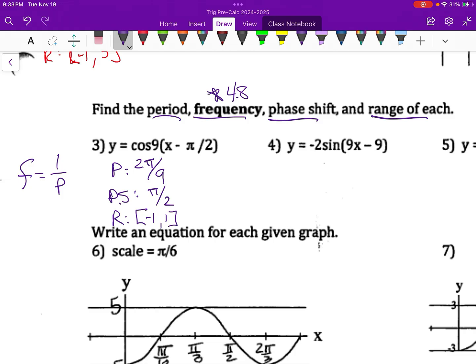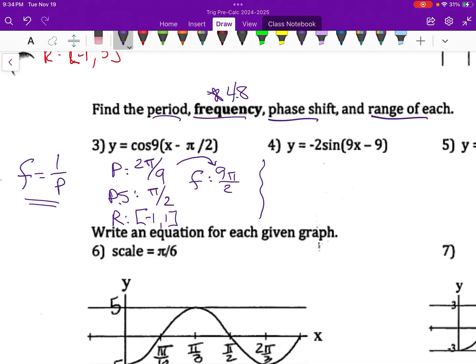And then last but not least, that frequency is going to be 1 divided by the period, and all it really does is takes the period and it flips it over. So this is 9 pi divided by 2. It's because you're doing an inverse relationship or an inverted reciprocal relationship. That's why it just flips the actual value over.